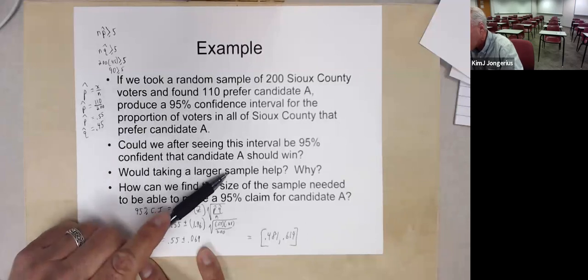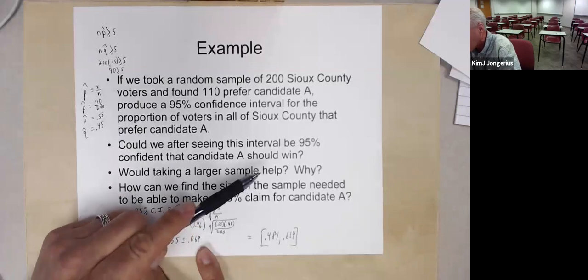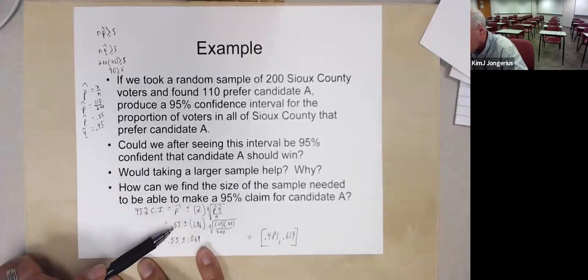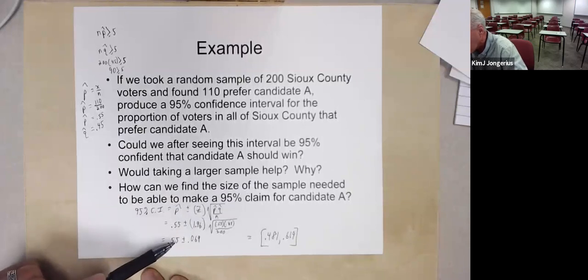Would taking a larger sample help? Well, the answer to that would be yes. And the reason we think that might be helpful is because my sample proportion was over 50, it was 55. So if I could get this number right here to be smaller than that difference from 55 down to 50, that would be helpful for us.